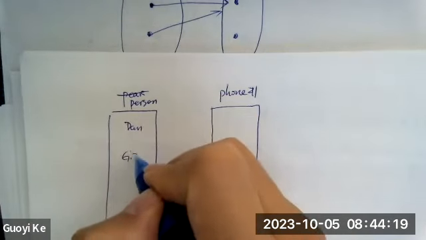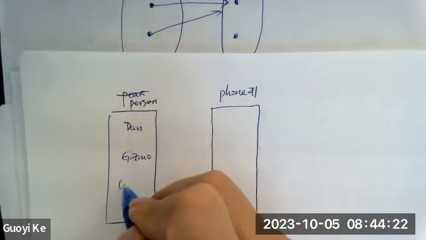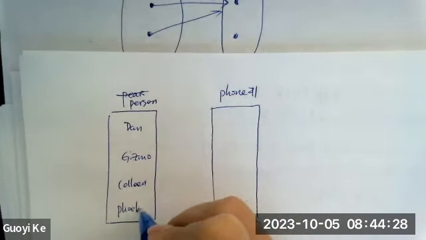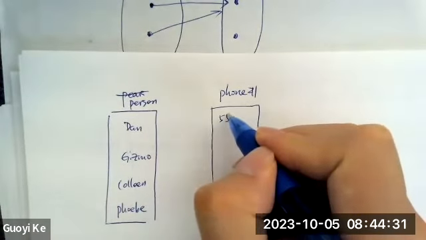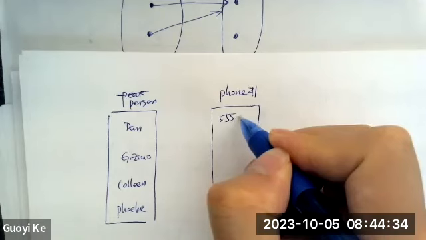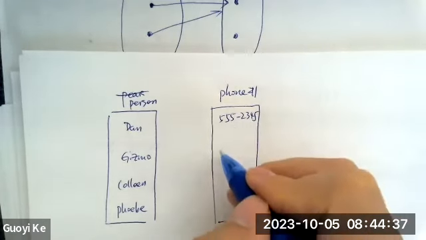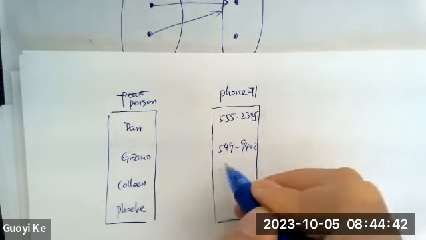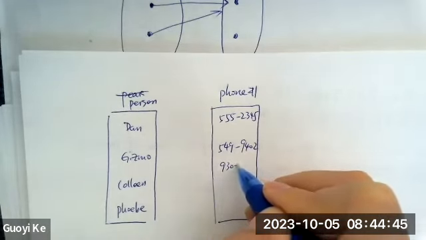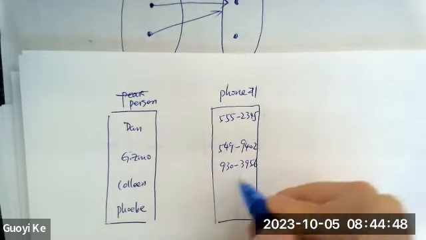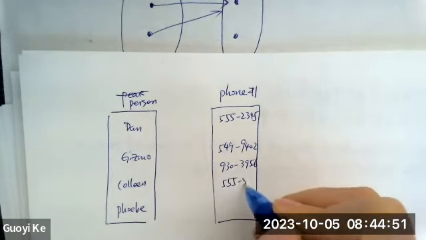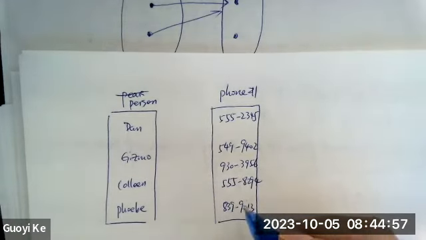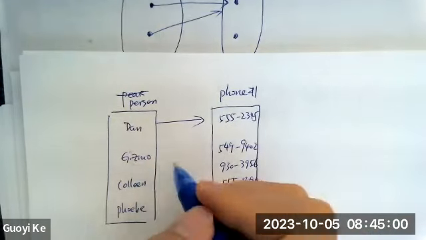Then here's more: Pauline, Phoebe. Okay, we have the following relationship.